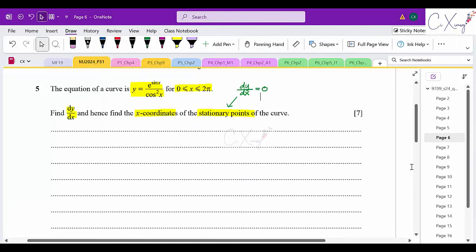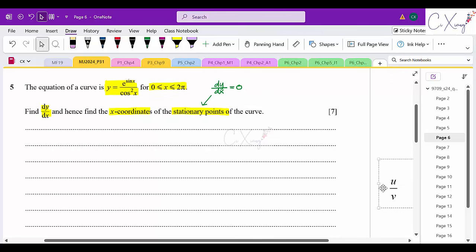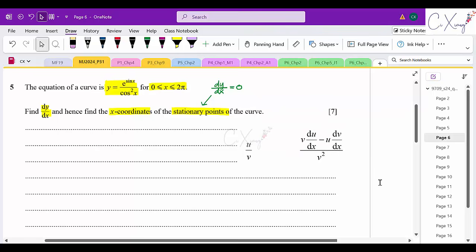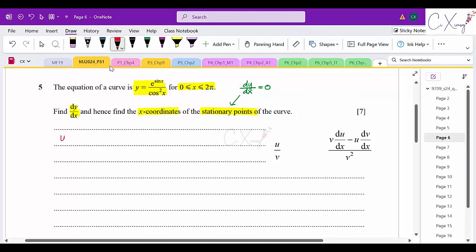Okay, so let's have a look. How can we get dy/dx for this particular expression? Let's start. I have y equals e power sine x on top, over cos square x.